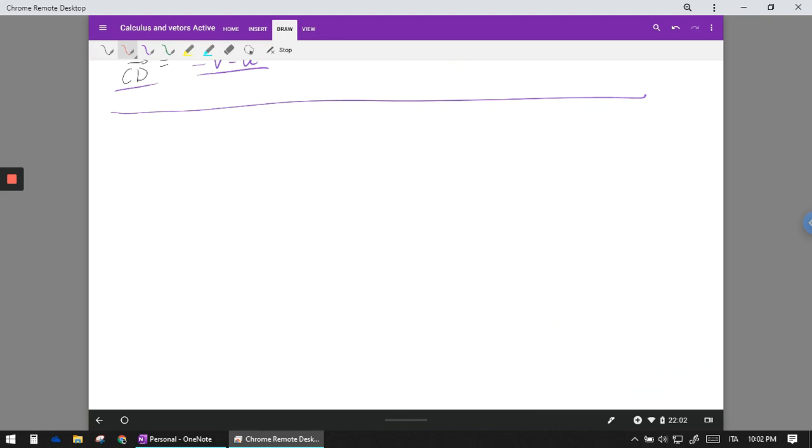One last thing is the distributive property. Which basically means that I can take a scalar k, and k times (u plus v) is the same as ku plus kv. All right.